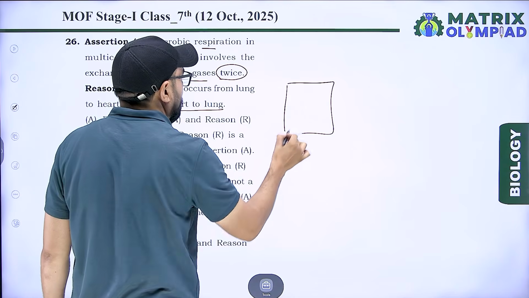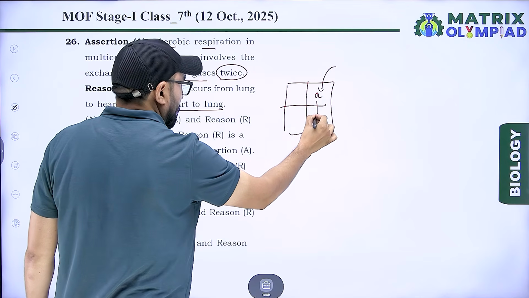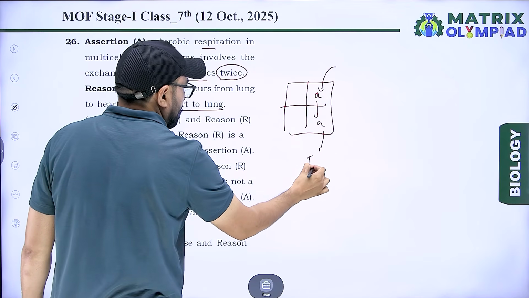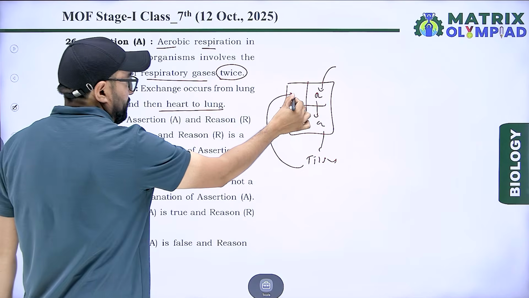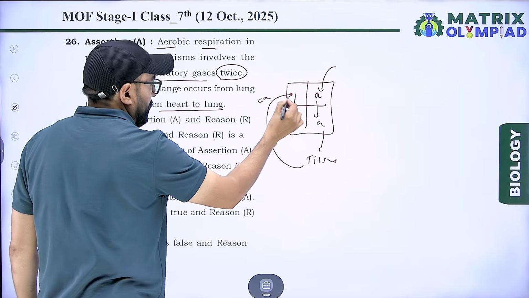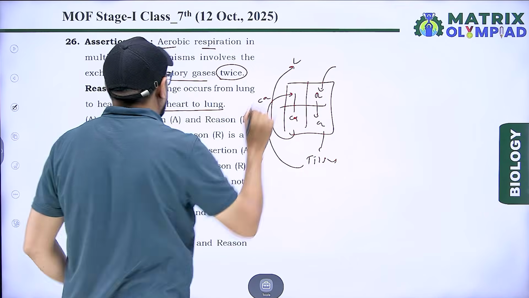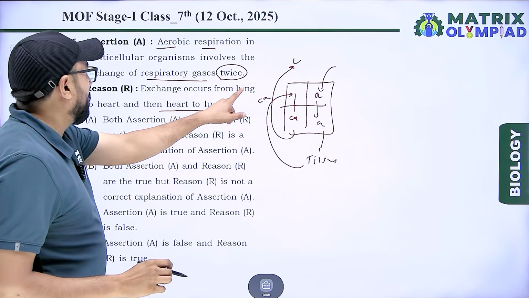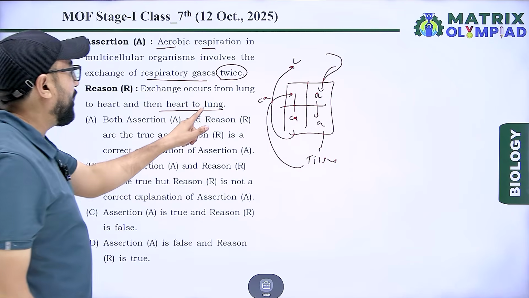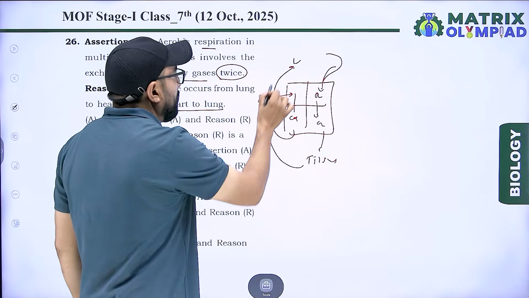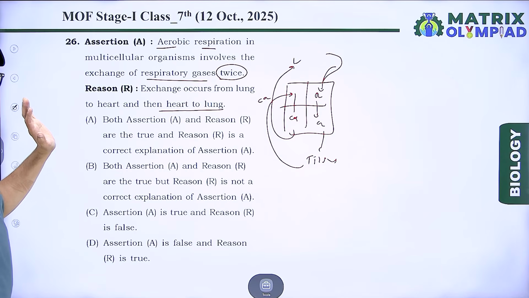It means a four-chamber heart, gas in the auricle, then ventricle, then tissue, then heart, CO2 in the ventricle and then lungs. Exchange occurs from lung to heart, and then heart to lung. These are the assertion and reason.